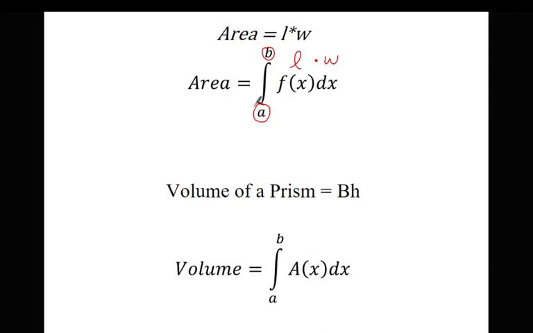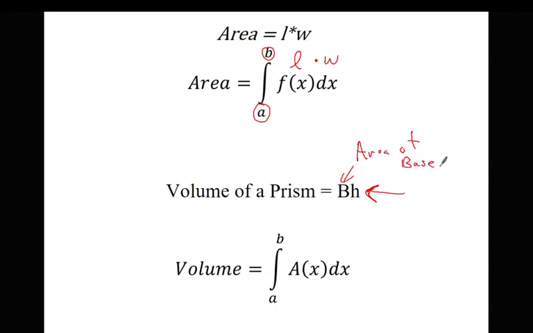Now the volume we're dealing with is basically this equation that you learned in like 5th grade. When you learned prisms, their volume came from big B times H, and big B was the area of the base.